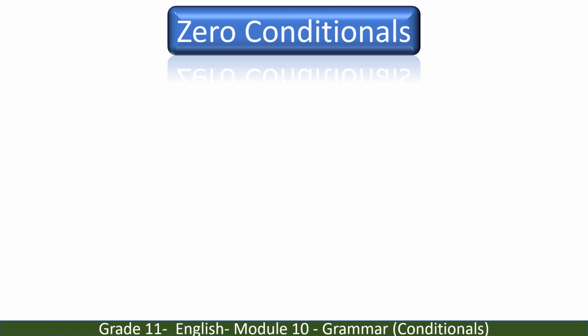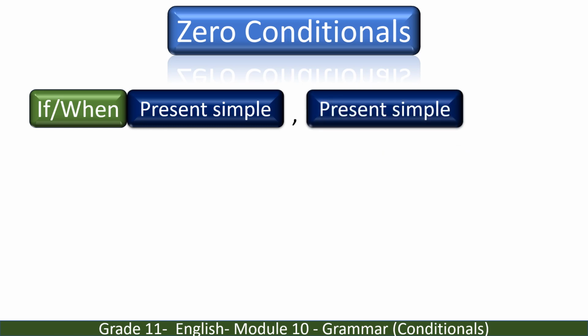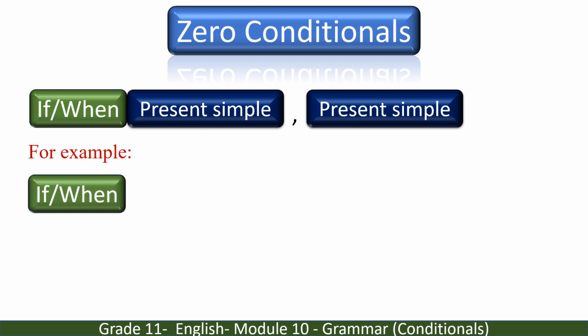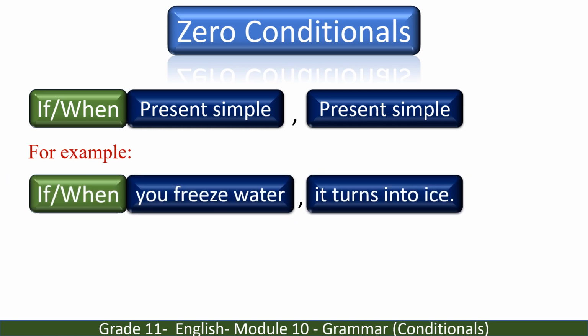As we said in the previous video, zero conditionals express general truths, facts, and rules, things that are 100% true. The form is if or when, present simple, and then another present simple verb. As in this example here, if you freeze water, it turns into ice.